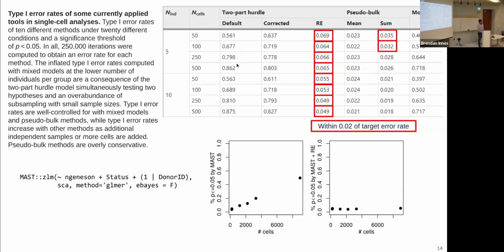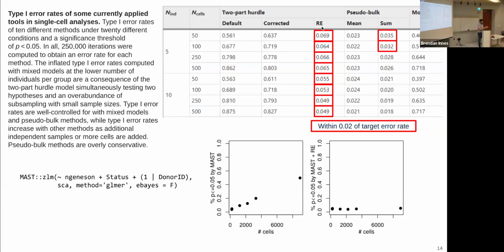And in fact, it goes up, as is not obvious in the table, but I took the table's numbers and made a plot here as the number of cells goes up. Because we're using each cell as n, the estimated standard error is going down, so our significance seems to be going up.